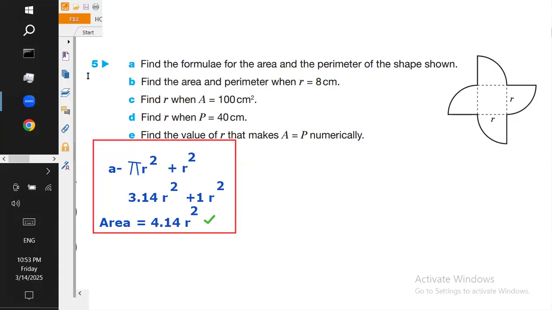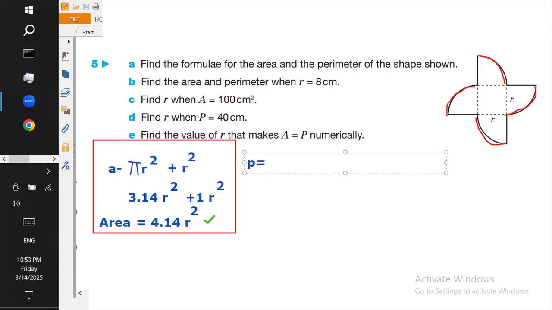Now, when you look at the shape here, you'll find that the quarter of circles here, here, here, and here, they make up a whole circle. And this whole circle is covering the perimeter of the shape. This means first, I have the perimeter of a circle. So same for question A, but I'm going to call it perimeter.